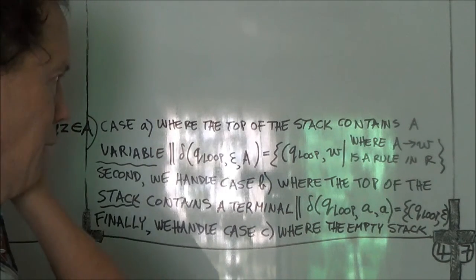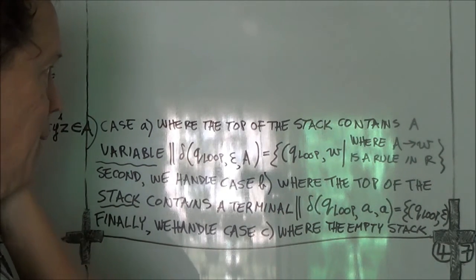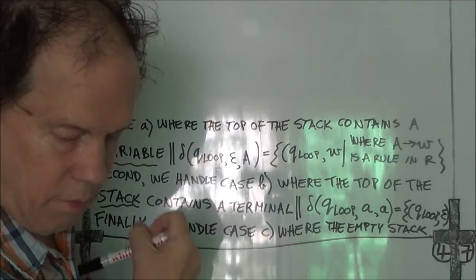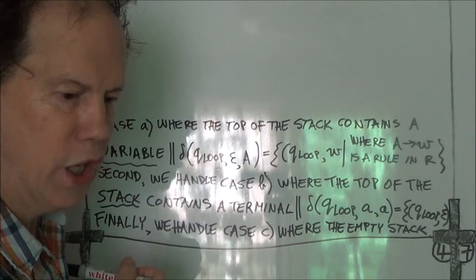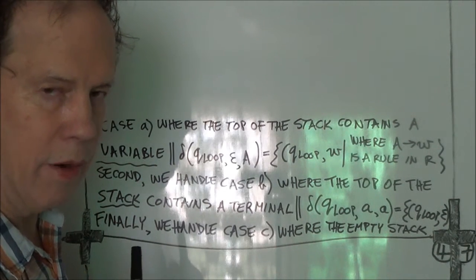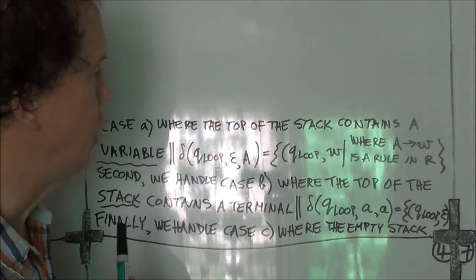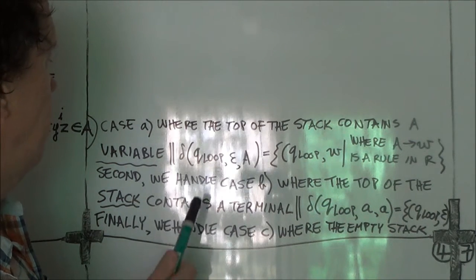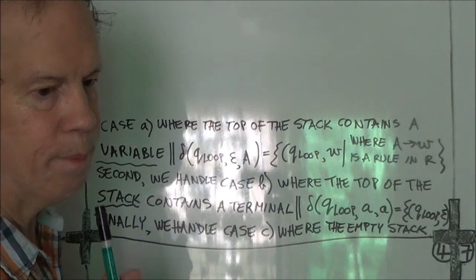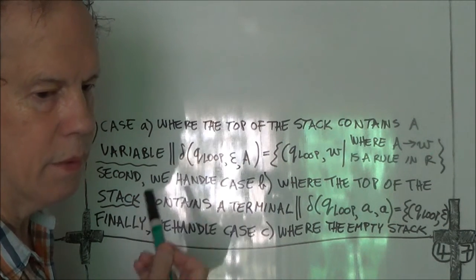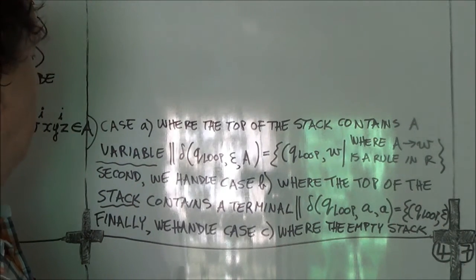So we're talking about the three cases. Remember, we're getting the PDA, the machine, to behave like a grammar, a context-free grammar, a CFG. And we're talking about the transition rules for the machine that's to behave like a grammar.